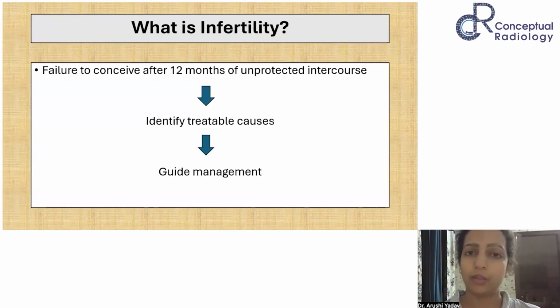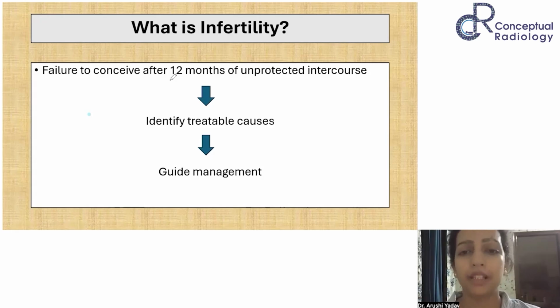and we are going to start with what is infertility, right? So the definition of infertility is what we all must know. When the patient visits us, then we should know what the patient is talking about. If the patient says infertility, whether the patient fits into the criteria of infertility or not, right? By definition, if the patient is unable to conceive after 12 months of unprotected intercourse, it is called infertility, right?